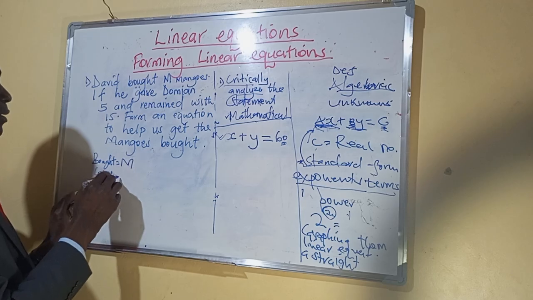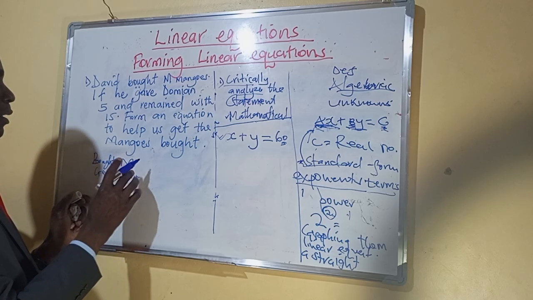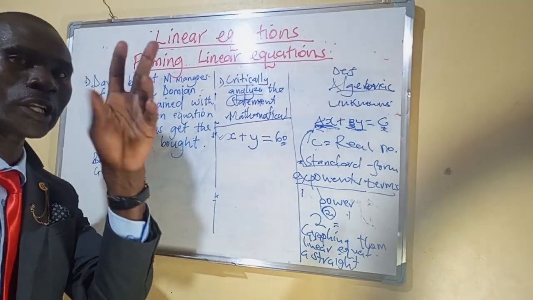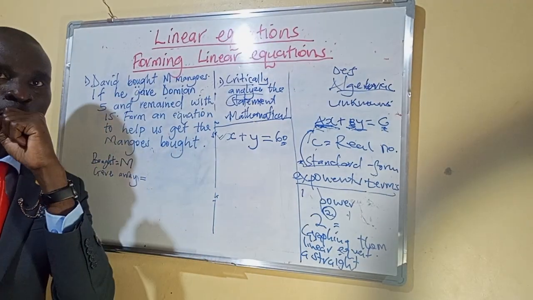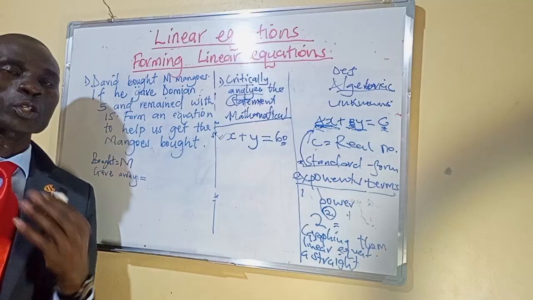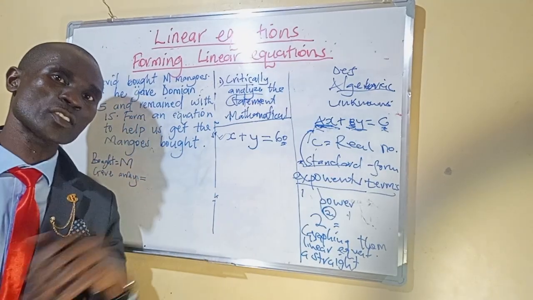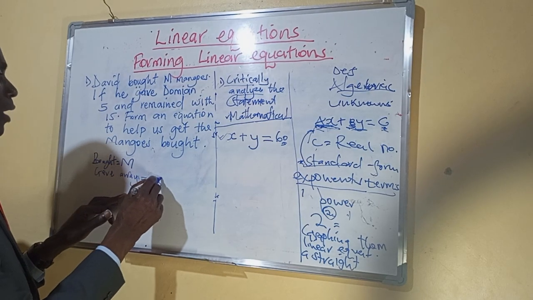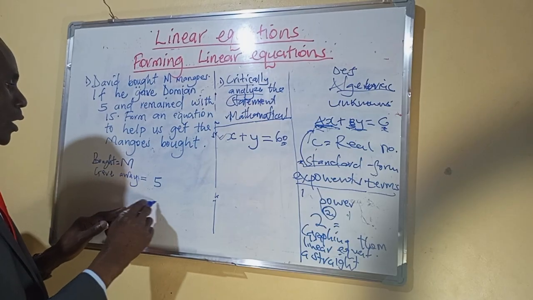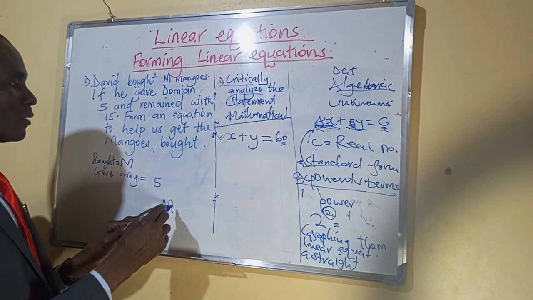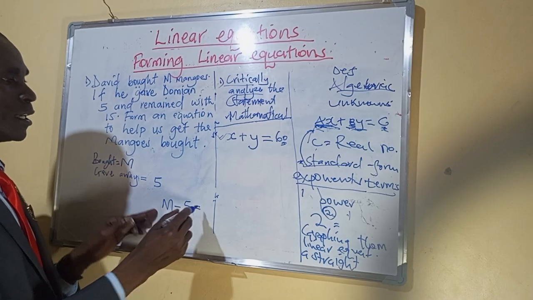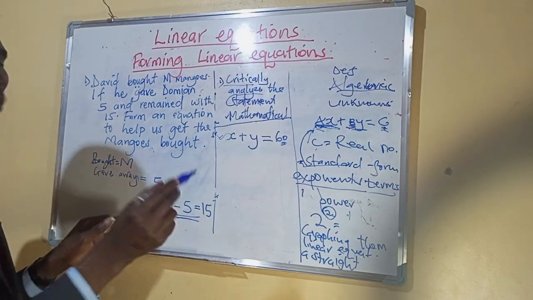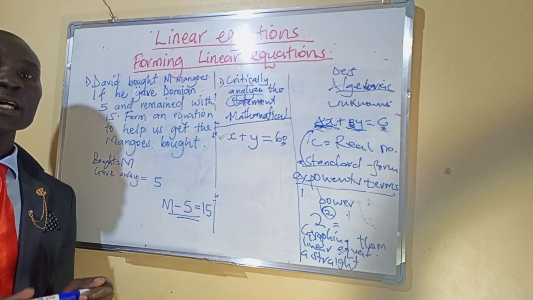Giving away, what does that relate to mathematically? We said we only have 4 signs, which are very key. So if someone is giving away, that means whatever you had is reducing, and to reduce is simply to subtract. So if we had M initially, and then he gives away 5, and we are saying he's going to remain with 15, then you will have completely solved.